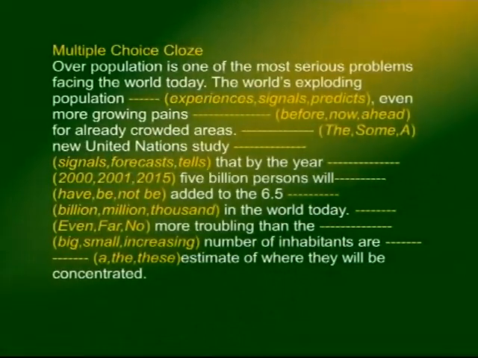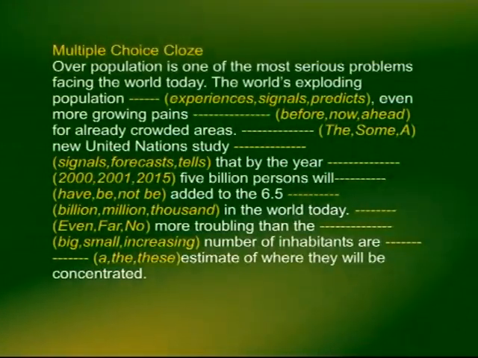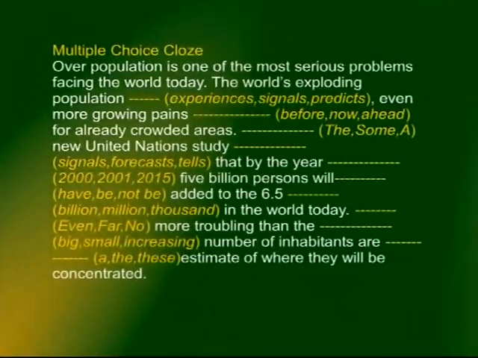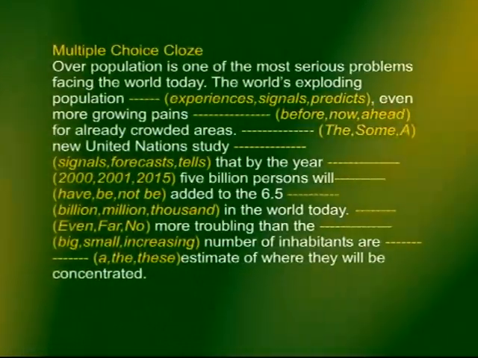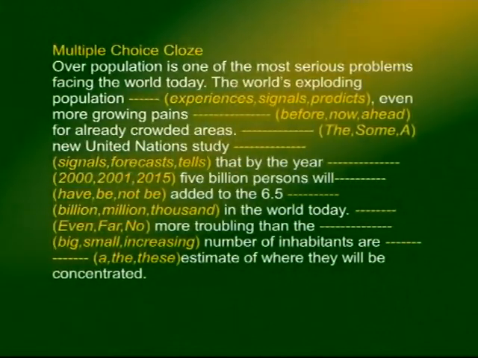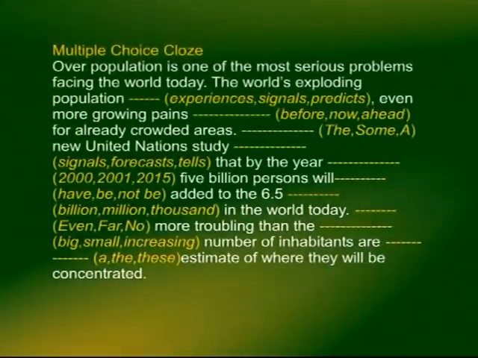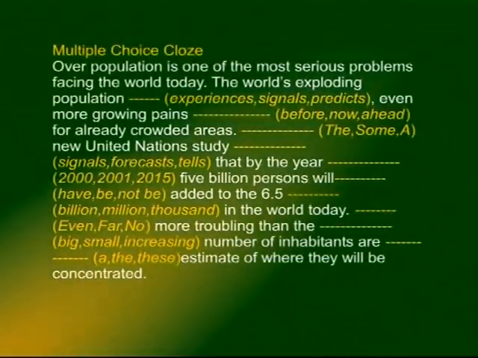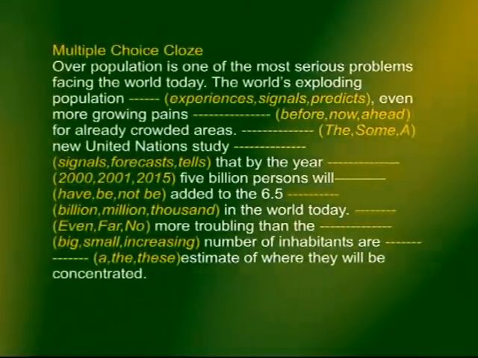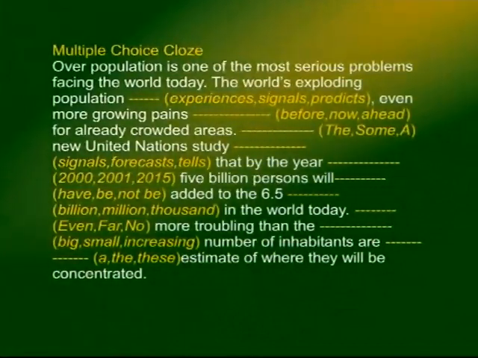You can't have experiences. That is out. You've got 2 more words: signals and predicts. Now in cloze exercises you have to keep going back and forth, just to see that you are choosing the right words. So you choose either the word signals or the word predicts. The world's exploding population signals even more growing pains.